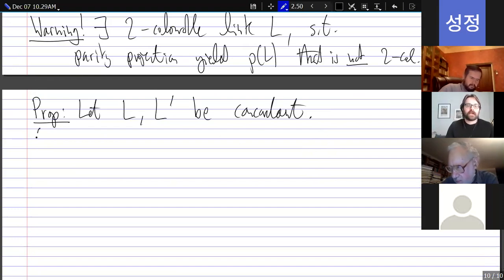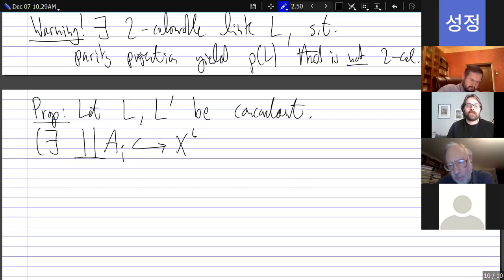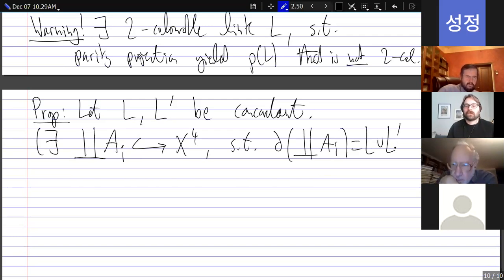So maybe I'll just say this in brackets: there exists a disjoint union of annuli embedded in some four manifold such that the boundary of this disjoint union of annuli is the disjoint union of the links, and there's one annulus for every link component.